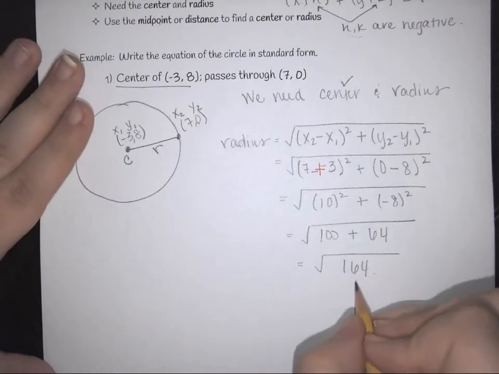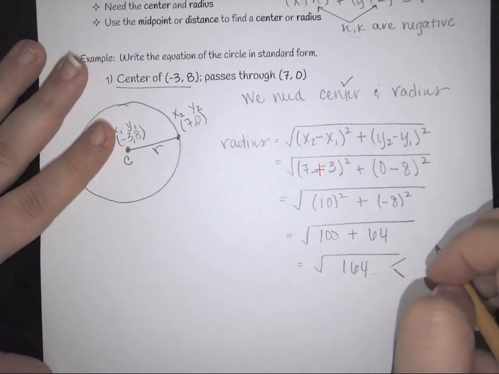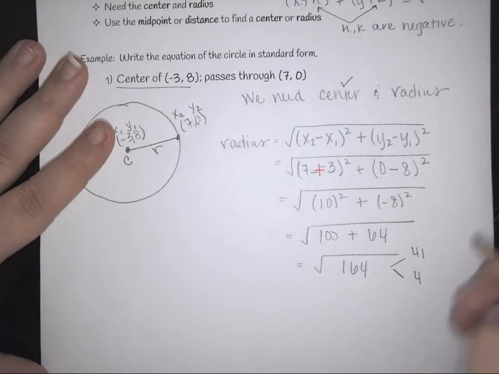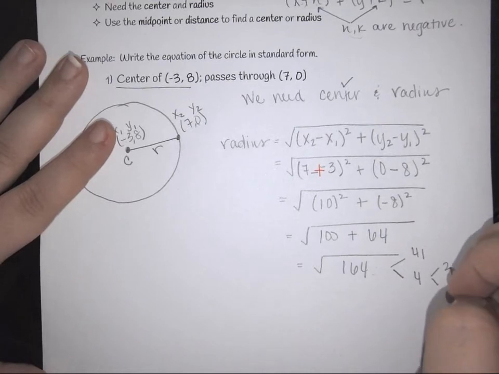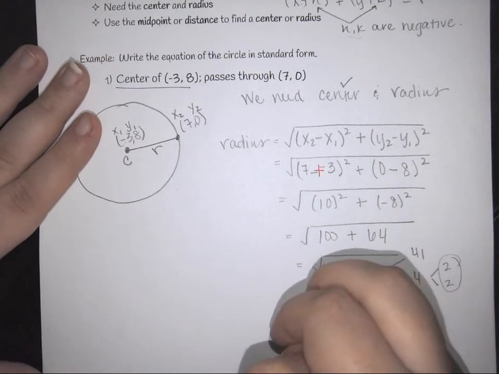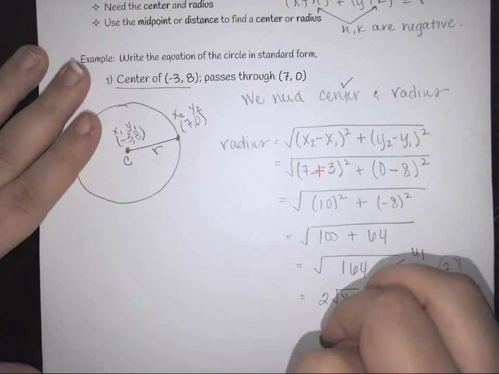And so here we know 64 can actually reduce down into 41 times 4, and we know 4 becomes 2 and 2. So your 64 can actually become 2 square roots of 41.